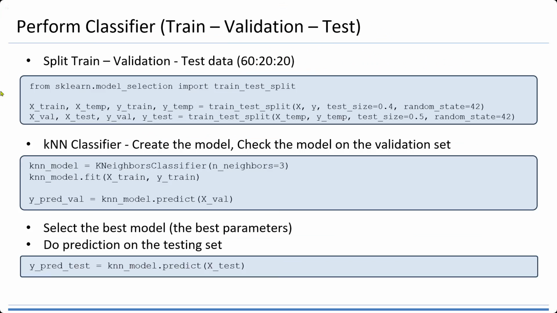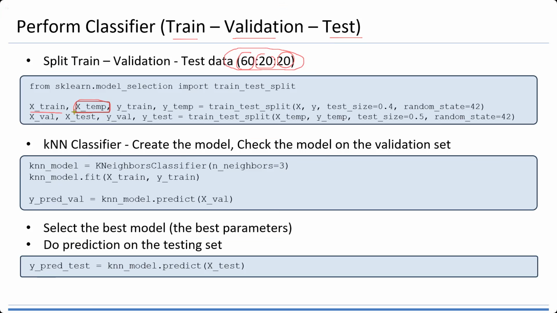Now you can refer to the code. We can split the training, validation, and testing. Suppose we have 60-20-20. Last time we also learned this on the regression. We can split the data, and we have train and temp.